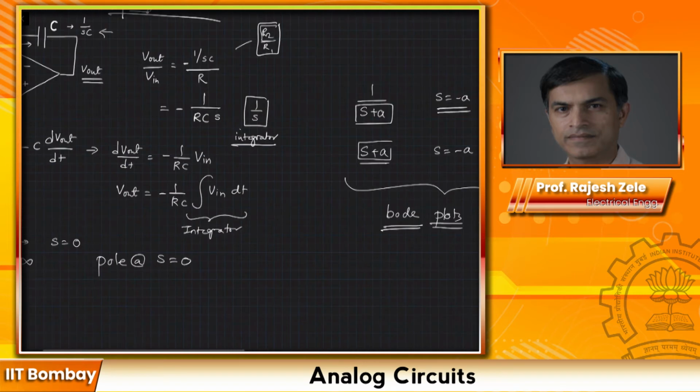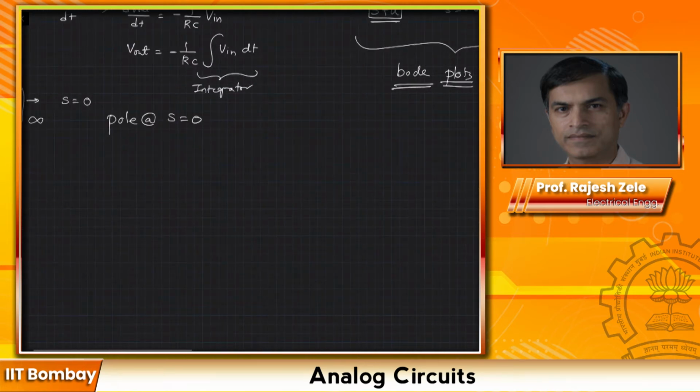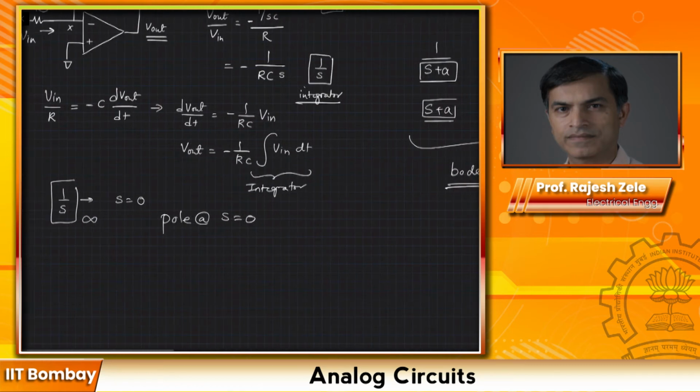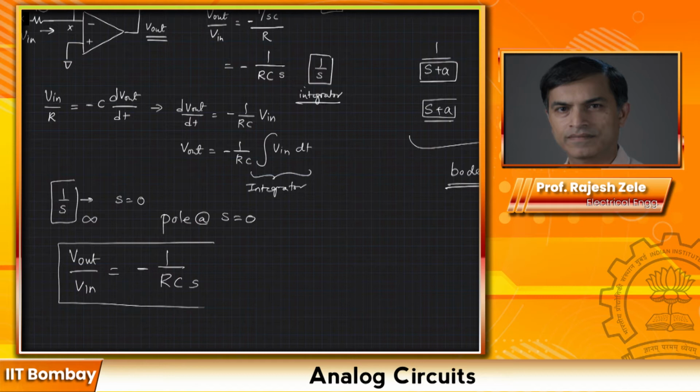Okay, so this is the ideal expression. V out over V in is equal to minus 1 over RCS. So here you're assuming that the op amp has infinite gain.